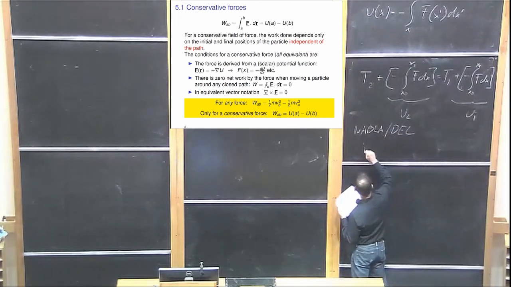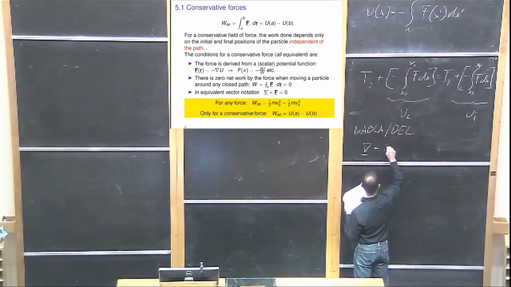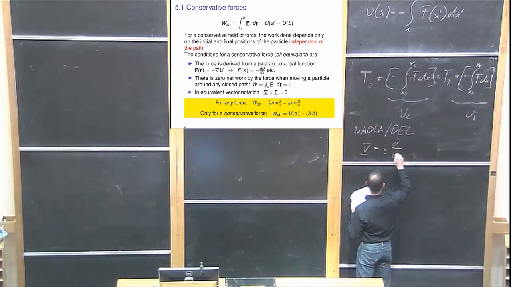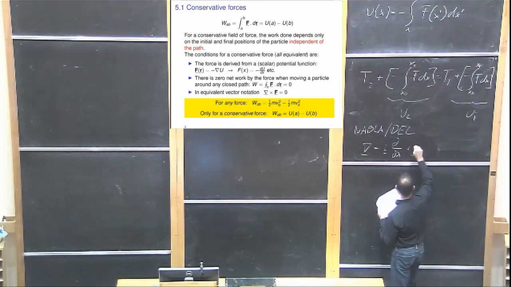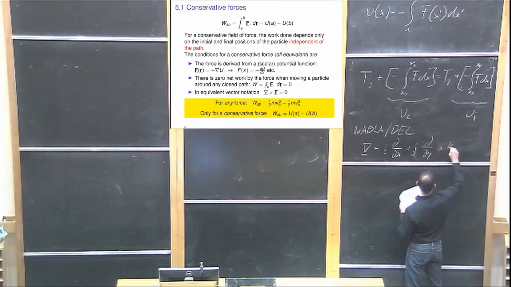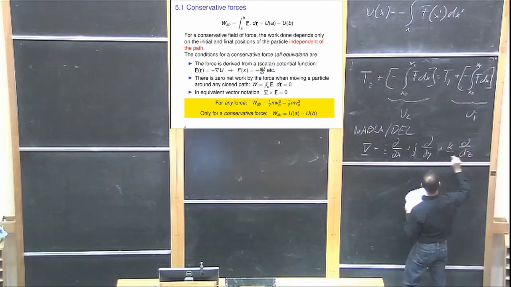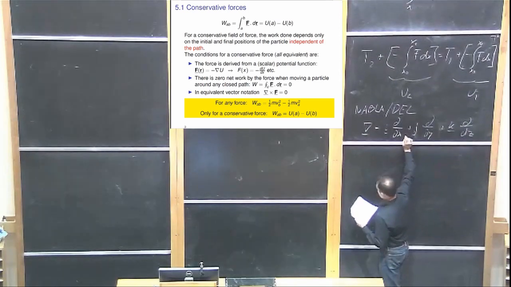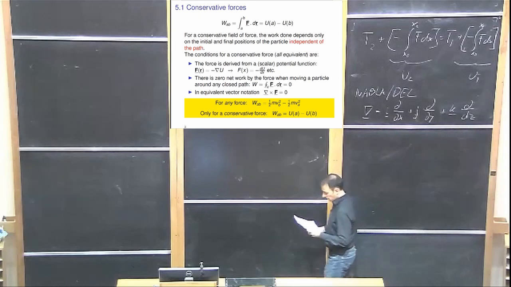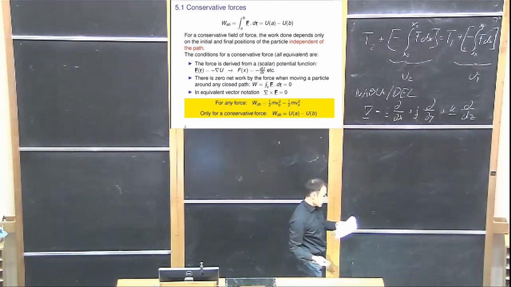And this is actually a vector. It is defined as i d by dx plus j d by dy plus k d by dz. So it's a differential vector. It's used in a couple of forms. We're using it here as gradient.